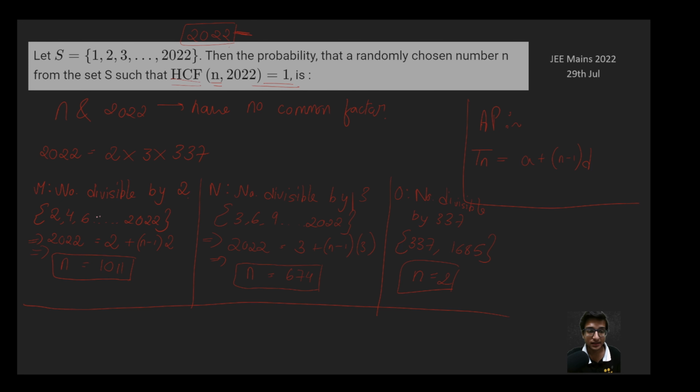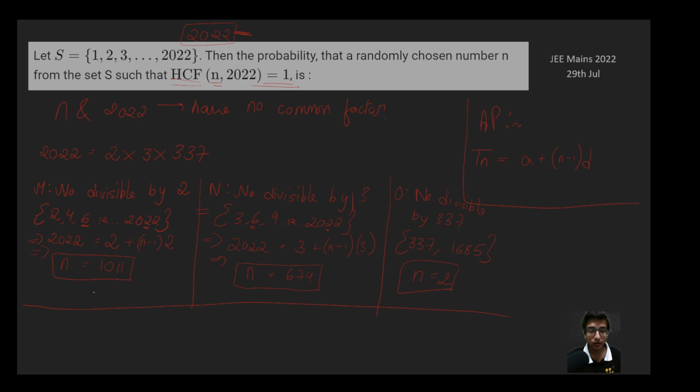For example, 6 has been included here and here as well. 12 has been included in both sets. 2022 itself has been included in both. So we have to remove all the numbers that are common in these two series.